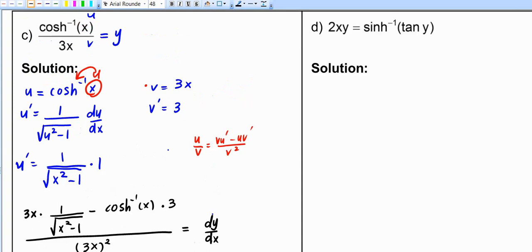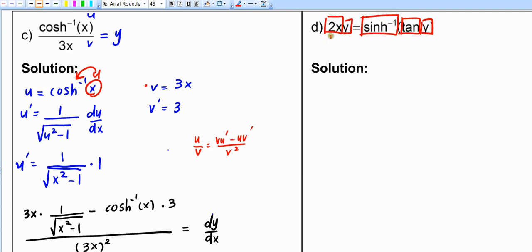Now let's move to the next question. Our first step is to determine whether to use the product rule or the quotient rule. Look at 2x times y, inverse hyperbolic sine, tangent y. Do we need the product rule?